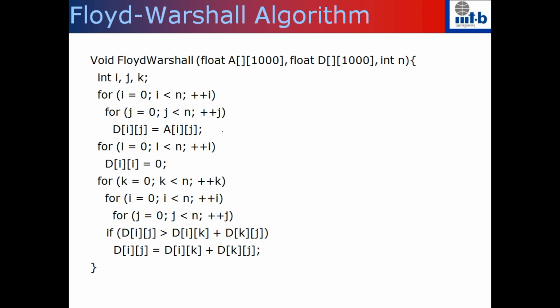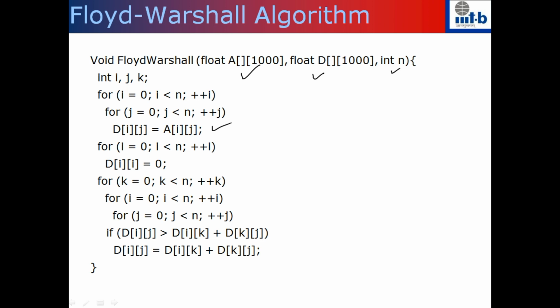So the algorithm is simple. You're given a matrix in the adjacency matrix representation. You're trying to compute the all pair shortest paths. At the end of the day, you want to find the weight of the shortest path between every pair of nodes, and the number of nodes here is n. So we initialize d of i comma j to be a of i comma j.